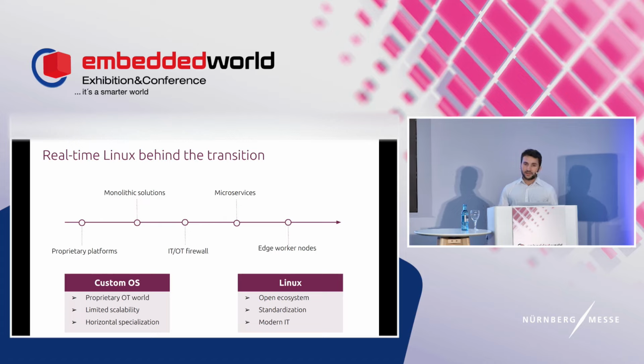So the proprietary platforms of today will be gradually transformed into virtual machines and into microservices, running over general-purpose compute platforms, the ones from the different silicon vendors, delivering the flexibility and scalability that we want.